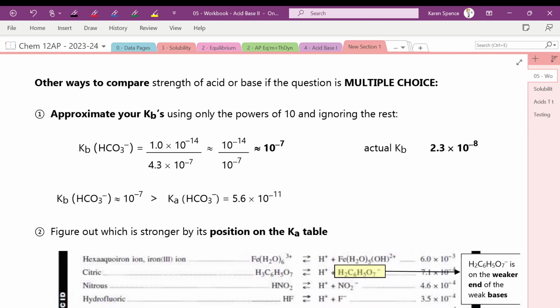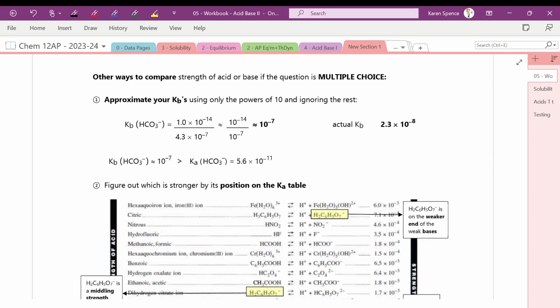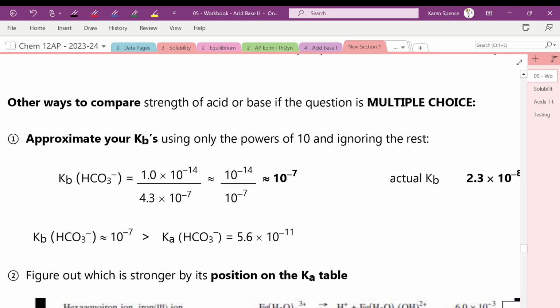Other ways to compare the strength of acid or base: if it's multiple choice, you can approximate. If they're both kind of middling, and you don't want to just eyeball it, you can approximate using only the powers of 10, and you'll probably get pretty close.